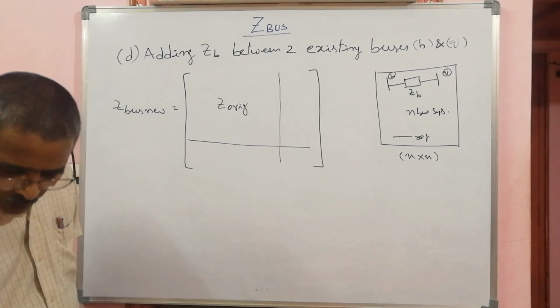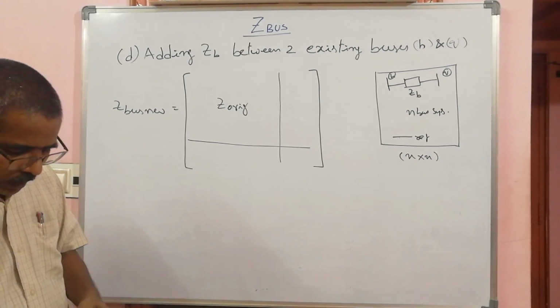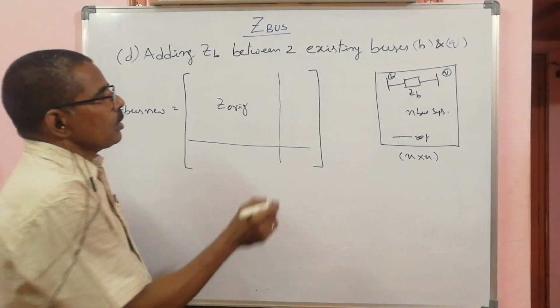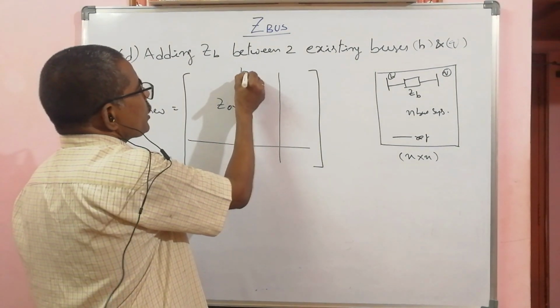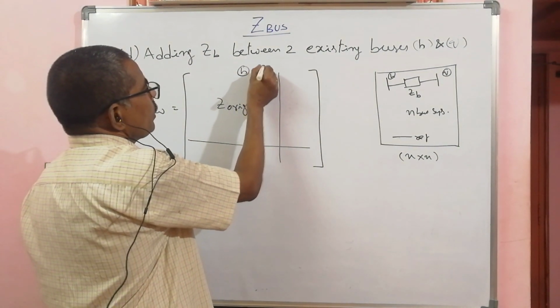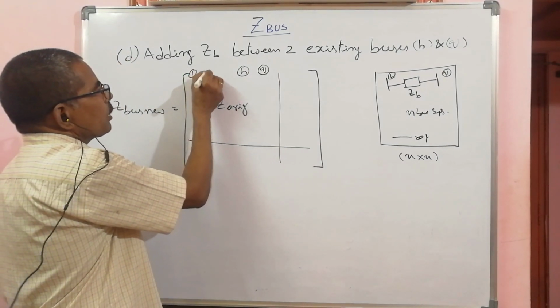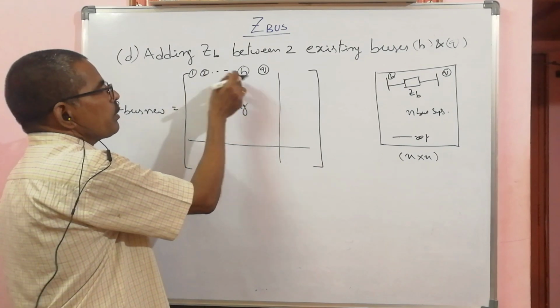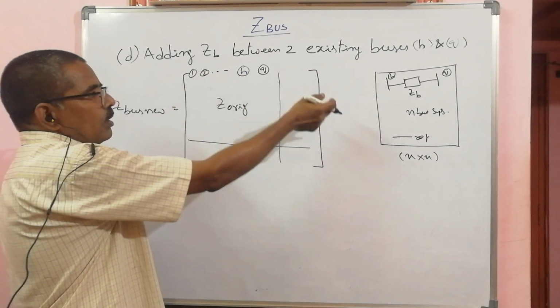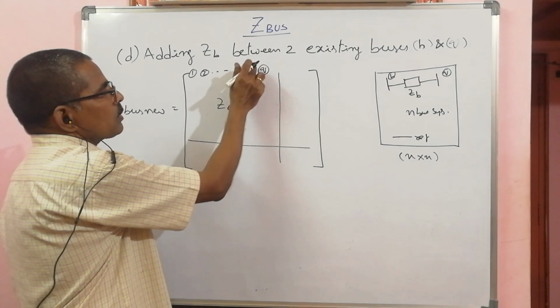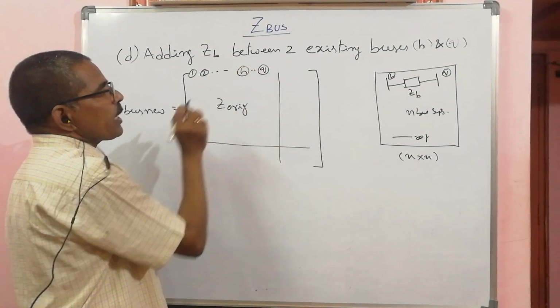The elements of the column we are adding between H and Q. H and Q may be somewhere here. We are having 1, 2, 3 and so on. So H may be an existing bus, likewise Q is also another existing bus. So between H and Q we are adding.